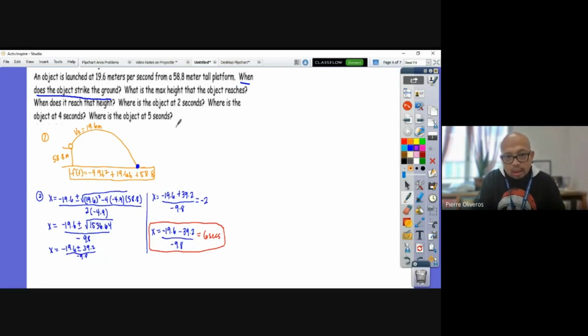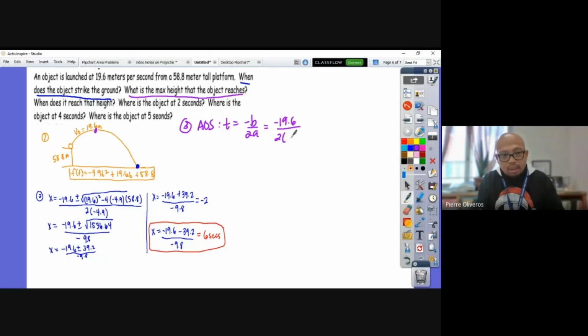Okay, so let's go to step number 3 here. What is the maximum height that the object reaches? We're going to find the vertex here. For us to get the vertex, we have to find the axis of symmetry first using the formula t equals negative b over 2a. The b here is negative 19.6 over 2 times a, which is negative 4.9.